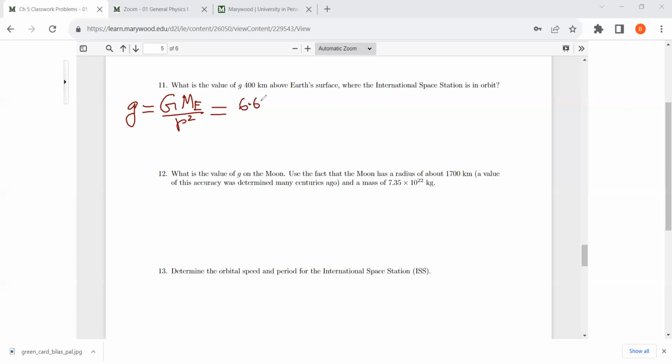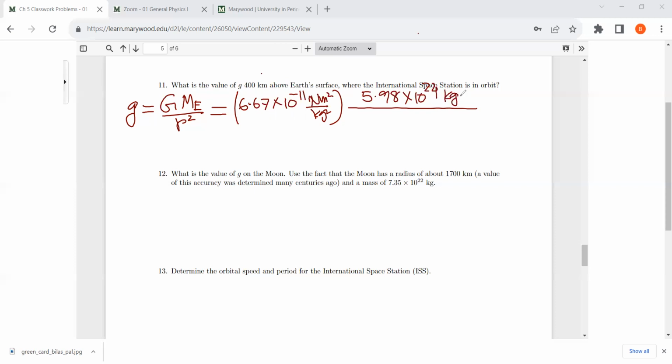Okay, so G is 6.67 times 10 to the power minus 11 Newton meter square per kilogram square, and the mass of the Earth is 5.98 times 10 to the power 24 kilogram.